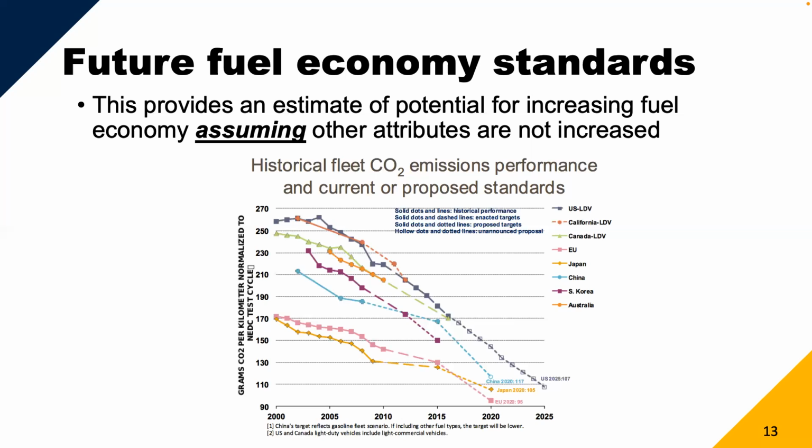Teslas, from the NHTSA safety rating perspective, have been by far the safest vehicles ever produced. It's very difficult to roll over an electric vehicle that has more than 200 miles of range, because there's so much mass in the battery.